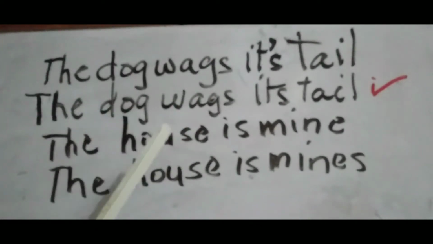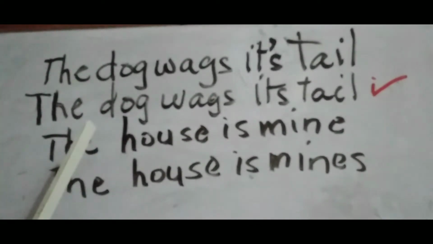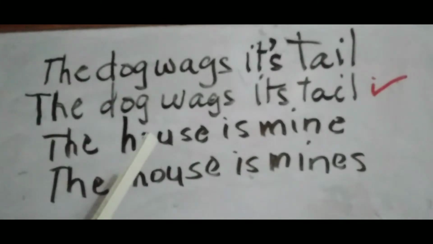Right? It's the same information that you are conveying. You just have to put it a different way. So you could say the house is mine, or you could say this is my house, but not the house is mine. Very wrong. So this is the correct one. Please avoid making those mistakes.